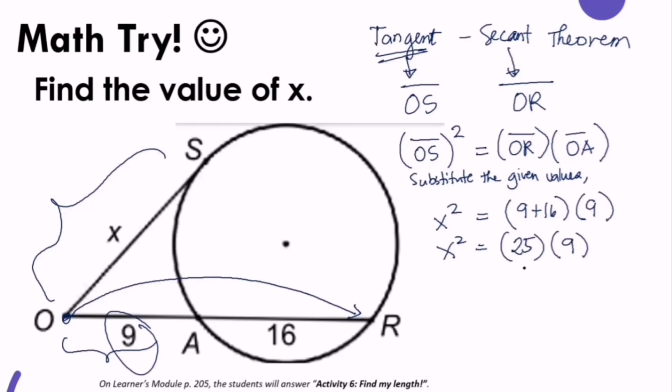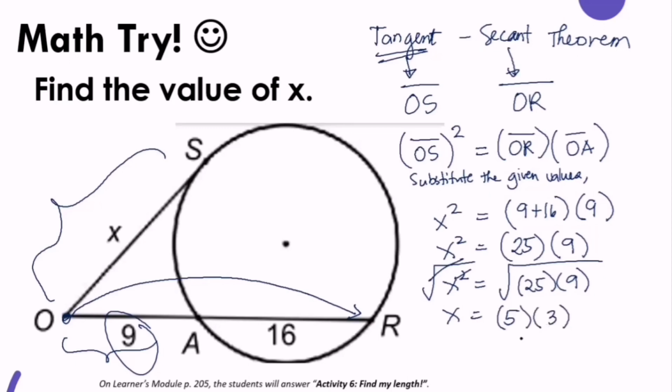I don't want to suggest that you're going to multiply this one kasi masyado nang magiging malaki ang number. So, pwede nyo nang kunin ang square root. Kasi parehas naman sila na perfect square. So, madaling makuha yung square root. So, cancel to. And then, the square root of 25 is 5. And then, the square root of 9 is 3.